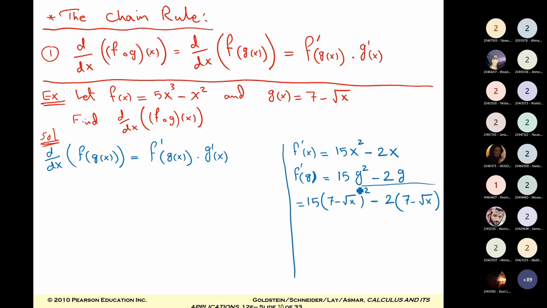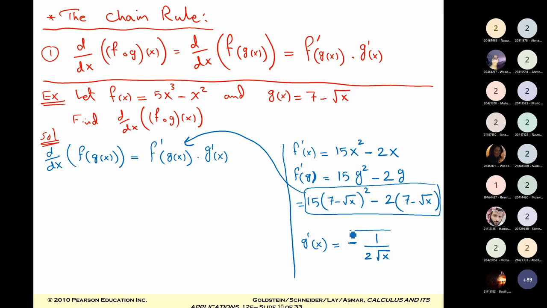So this is f prime of g. Now we need to find g prime of x. G prime equals the derivative of 7, which is 0, minus the derivative of radical x, which is 1 over 2 radical x.